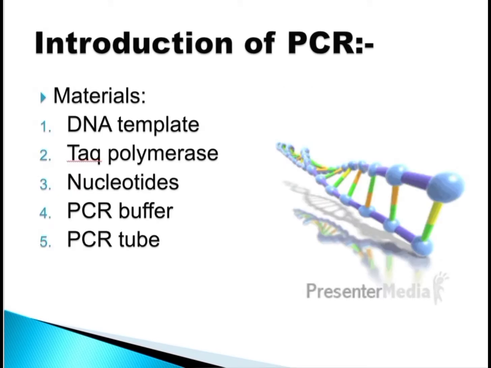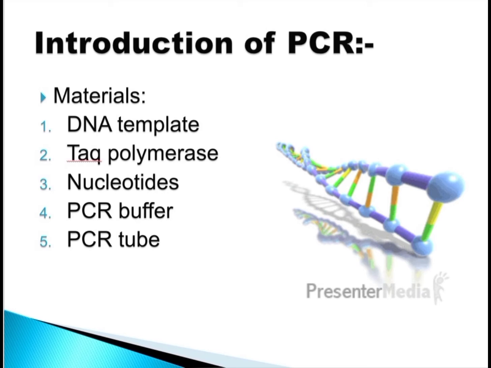What materials are used in the PCR reaction? The first one is the DNA template, second is Taq polymerase, third is nucleotides, fourth is PCR buffer, and the fifth is the PCR tube. The DNA template is known as the sample or segment of DNA. Taq polymerase is a type of enzyme that helps in the polymerase chain reaction.